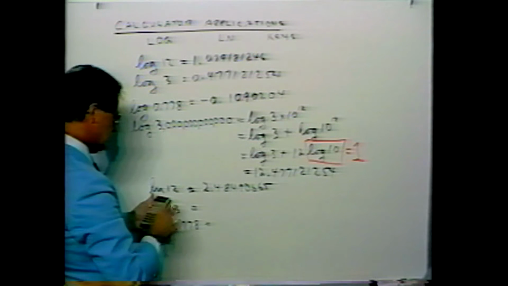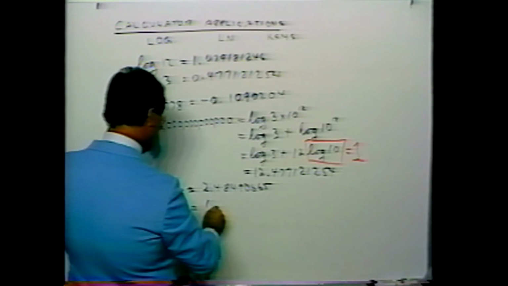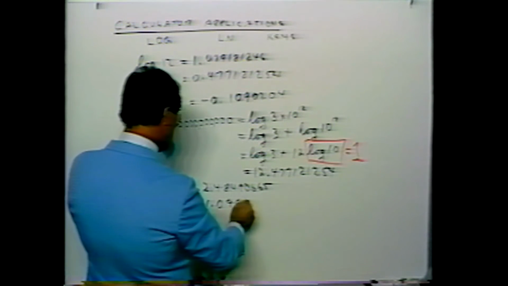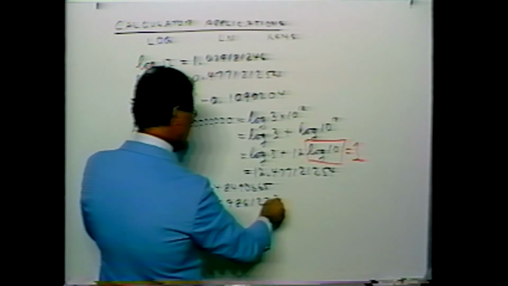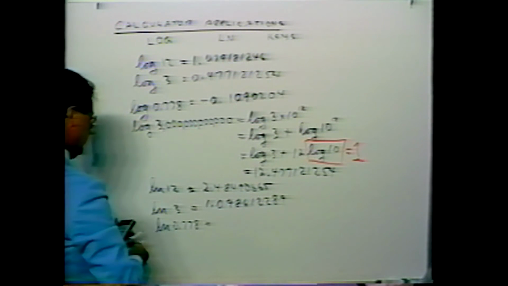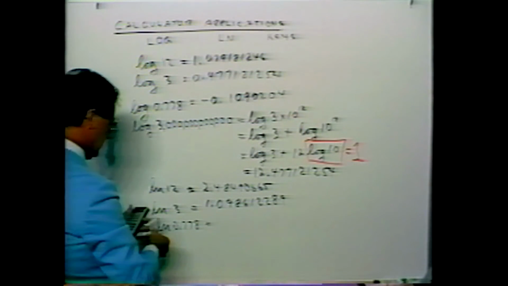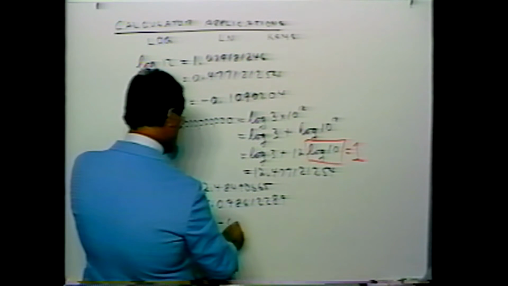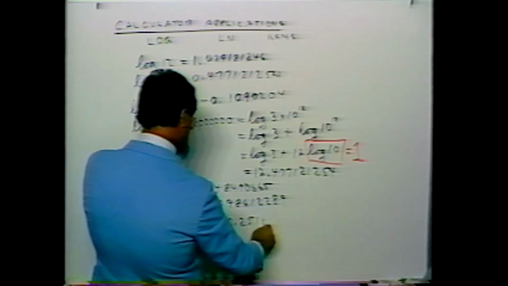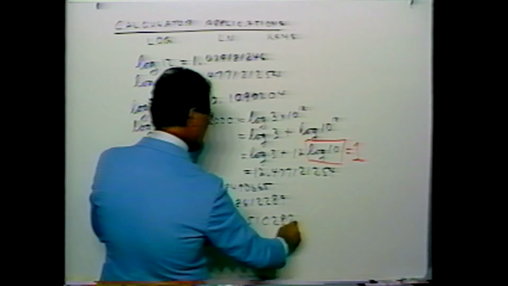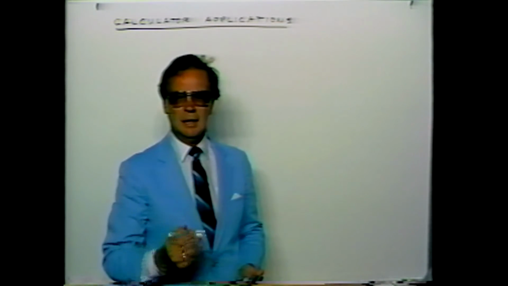For 3, the ln is 1.098612289. For the ln of 0.778, the ln is negative 0.25102875.